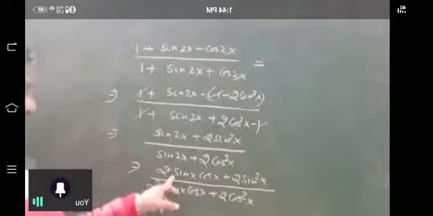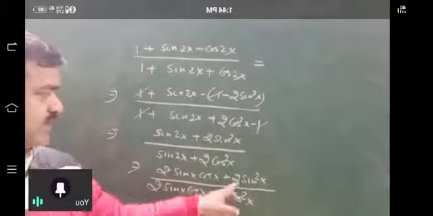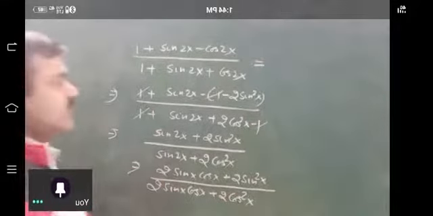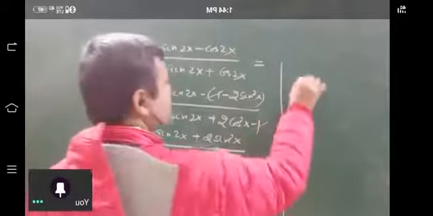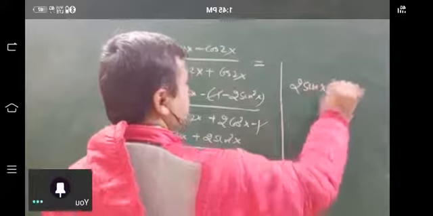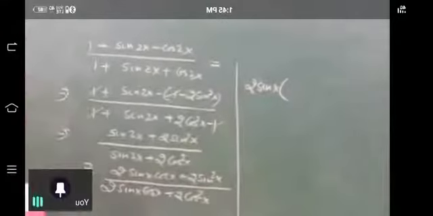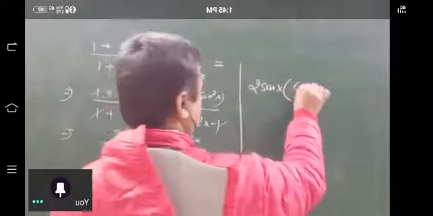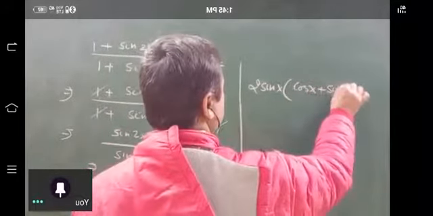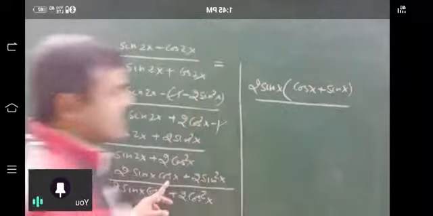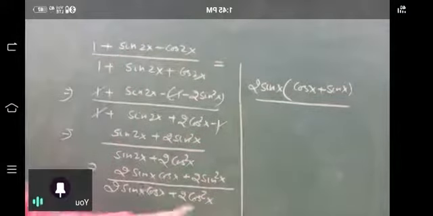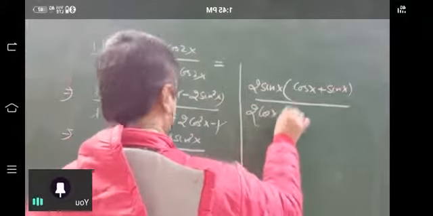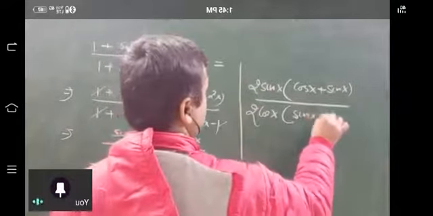Now you may see there is a common 2 sin x in the numerator and a common 2 cos x in the denominator. Taking 2 sin x common in the numerator, the remaining term is cos x plus sin x, divided by, in the denominator, 2 cos x common, so it is sin x plus cos x.